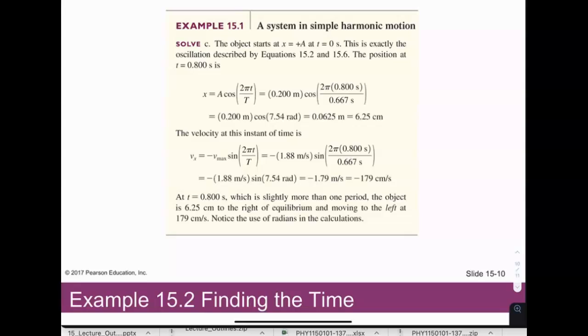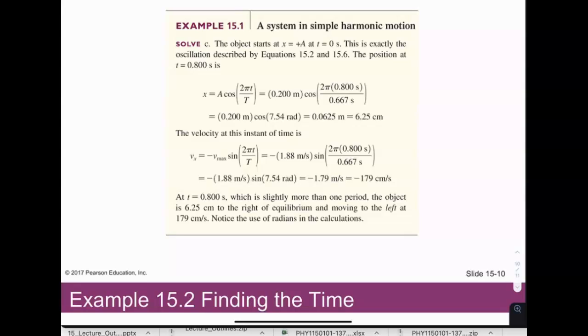Plugging in the numbers for t equal 0.800 seconds, we solve for x equal to 0.200 meters for the amplitude times the cosine of 2 pi times the time, 0.800 seconds, divided by the period, 0.667 seconds. And when we do the calculation, we see that it's equal to 0.0625 meters, or 6.25 centimeters.